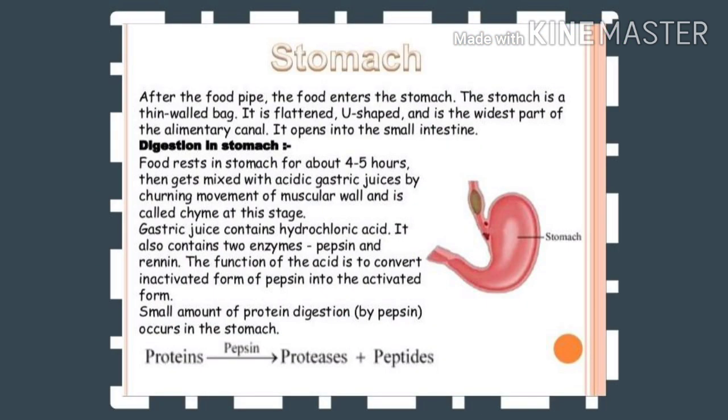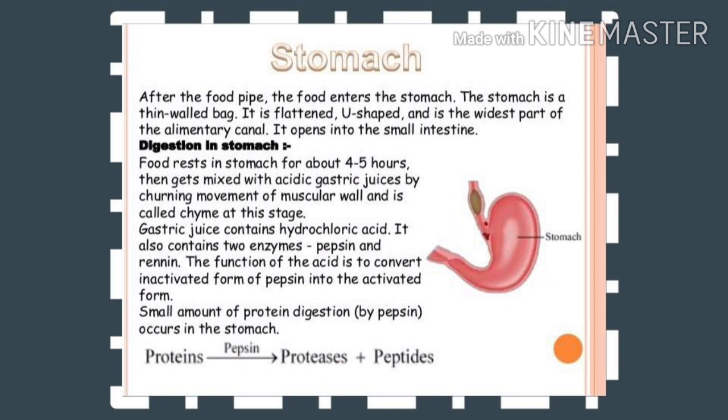After the food pipe, the food enters your stomach. So today we will also be studying the stomach. Now the stomach is the largest muscular organ in your body. It is a thin walled bag kind of a structure.